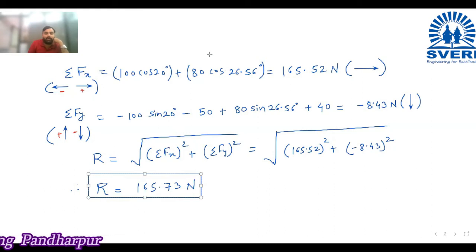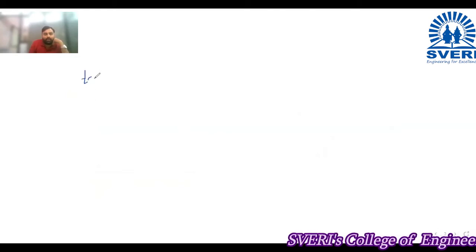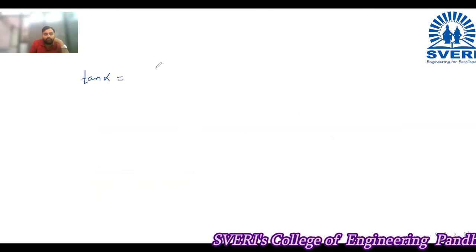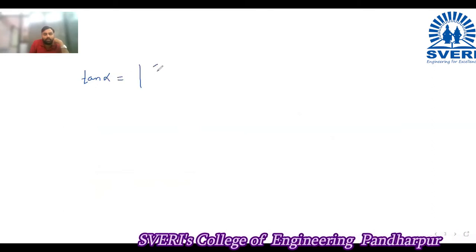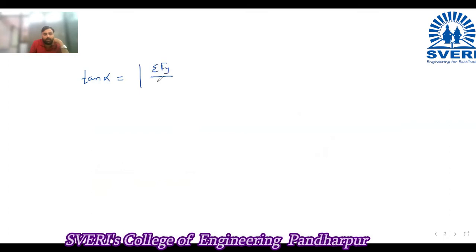Now calculate alpha, the direction. Now this is the magnitude. Calculate the direction. So tan alpha is equal to mod of summation fy upon summation fx.